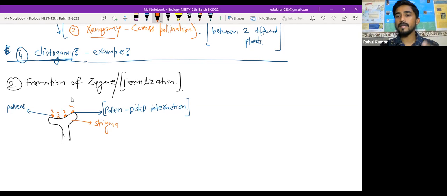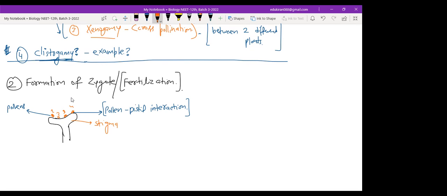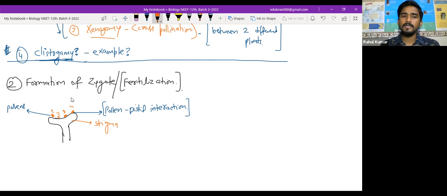If they are not from the same species, they will not be able to make a viable seed which can germinate into a new plant, right? This is the definition of a species, correct, Alia? Yes, sir. So how can a plant make sure? Because this is external, a flower is exposed to the environment, thousands of pollen will fall. So there has to be a biochemical interaction, a recognition in the pollen grain.